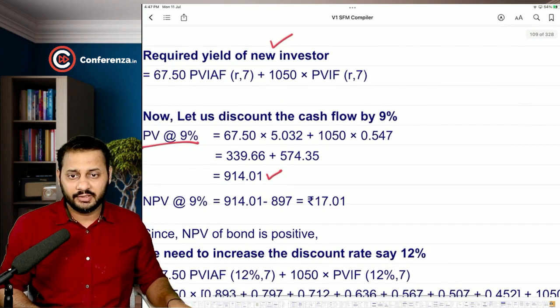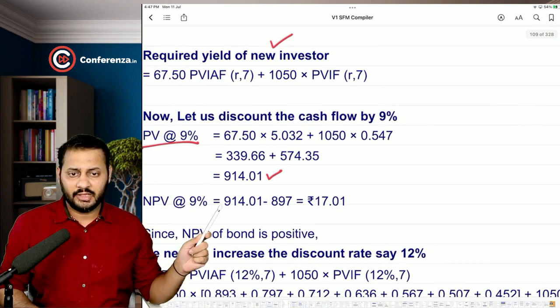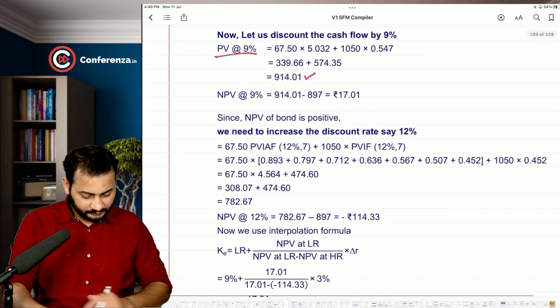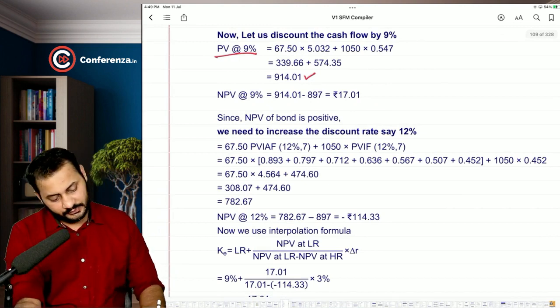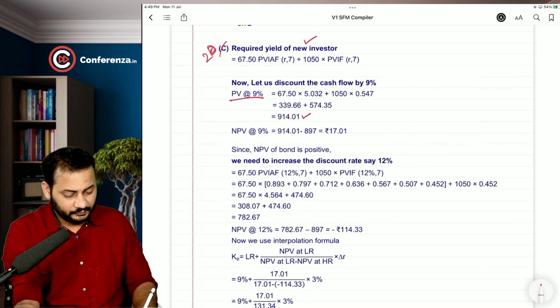Now see what has been done here. NPV at 9% is equal to 914.01 minus 897, which is equal to 17.01. Instead of using this, I will just clearly say one thing.